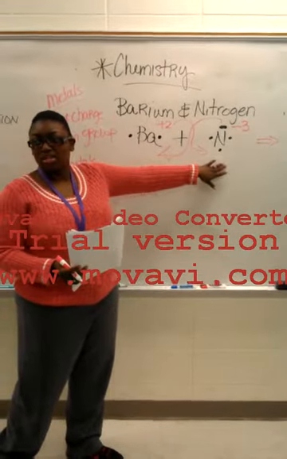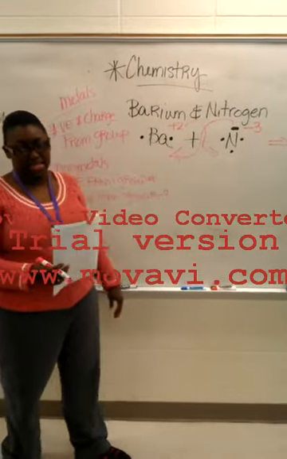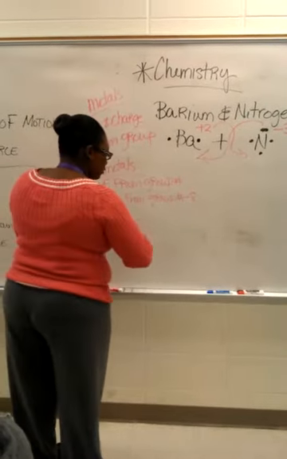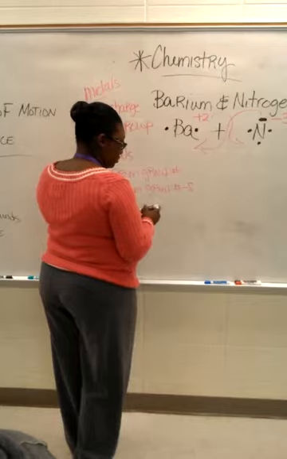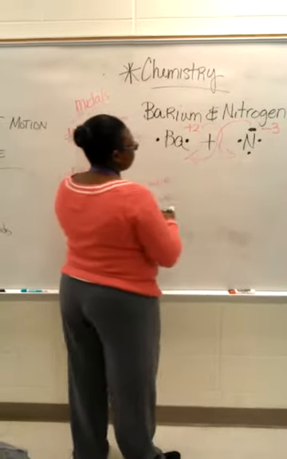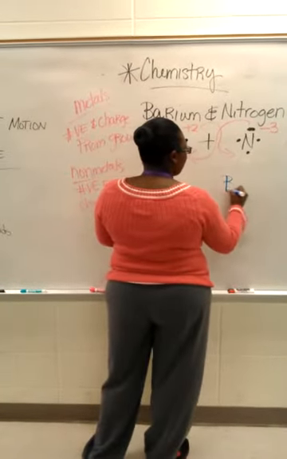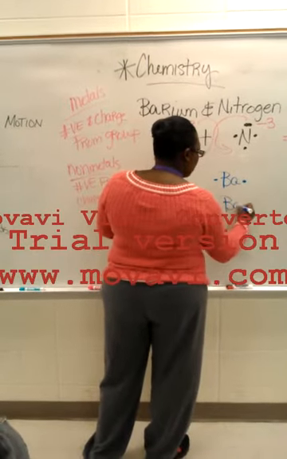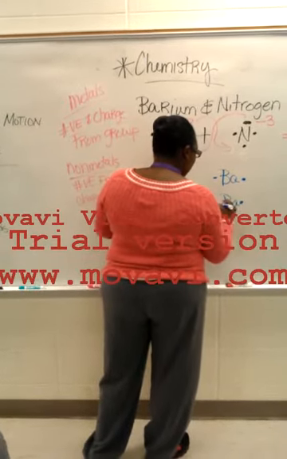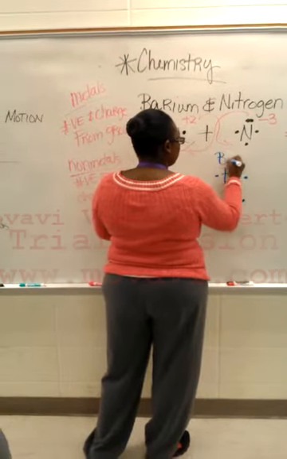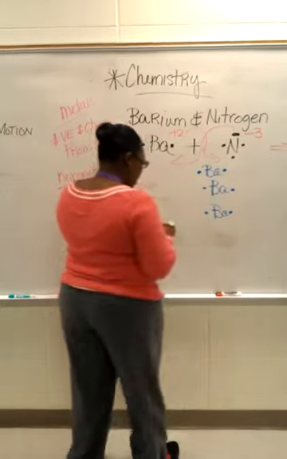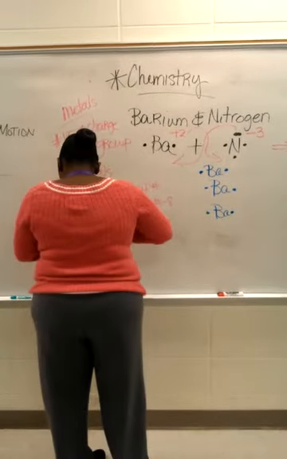Now can we move our electrons to the Lewis dot? Yes, okay? So I'm going to do that in another color. So we know barium. We're going to have 3 barium, each one of them having how many valence electrons? 2. All right, and then we're going to have how many nitrogen? 2.